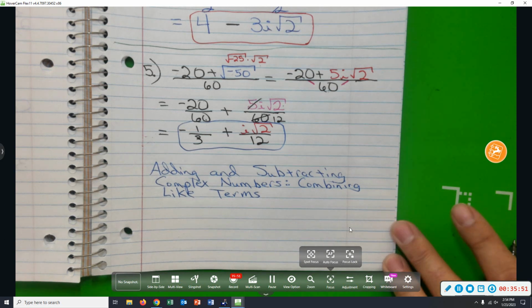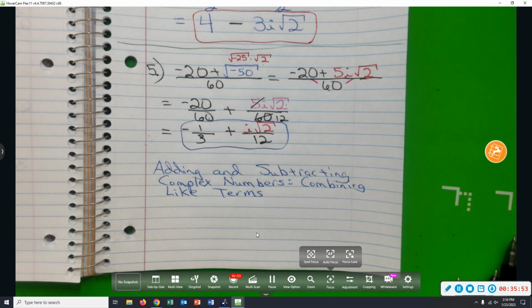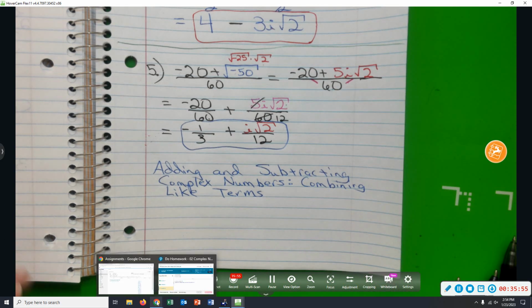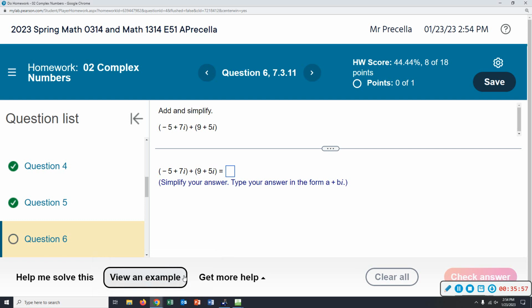I didn't write down the problem. So now we will go back and write down that problem. This is number 6. There's the complex number -5 plus 7i added to the complex number 9 plus 5i.